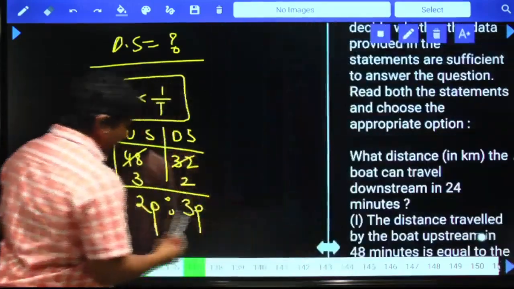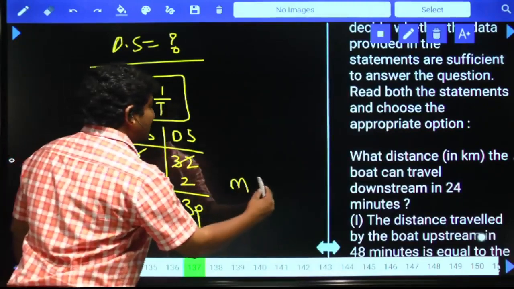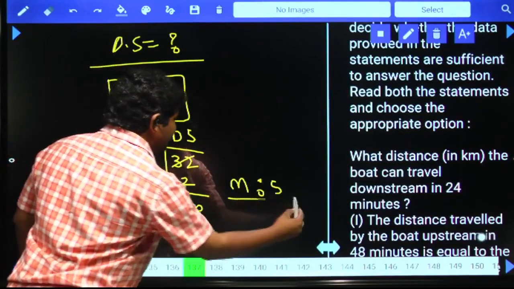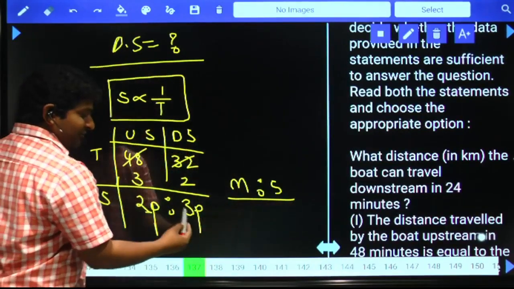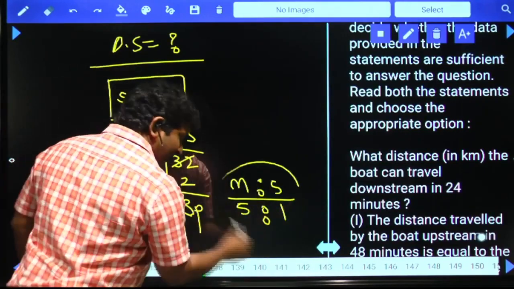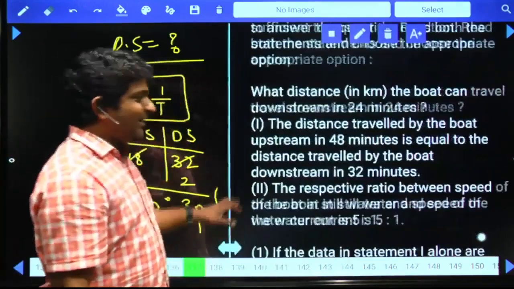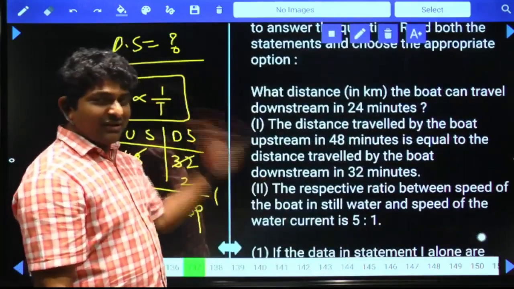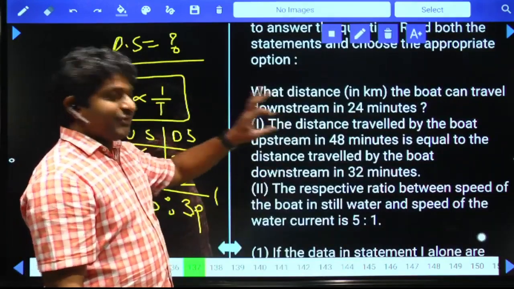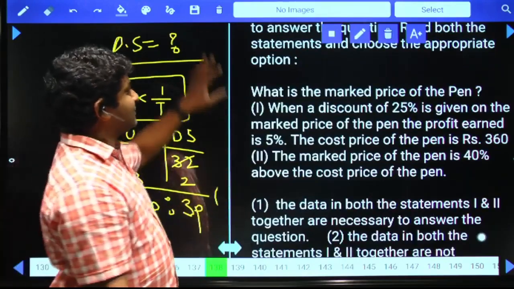If upstream and downstream speeds are in the ratio 2:3, then the man speed to stream speed ratio is the sum of these two numbers to the difference of these two numbers. We can calculate that ratio, but we don't need it. So the second information is of no use. 1 alone is not sufficient, 2 alone is also not sufficient, both together are also not sufficient.